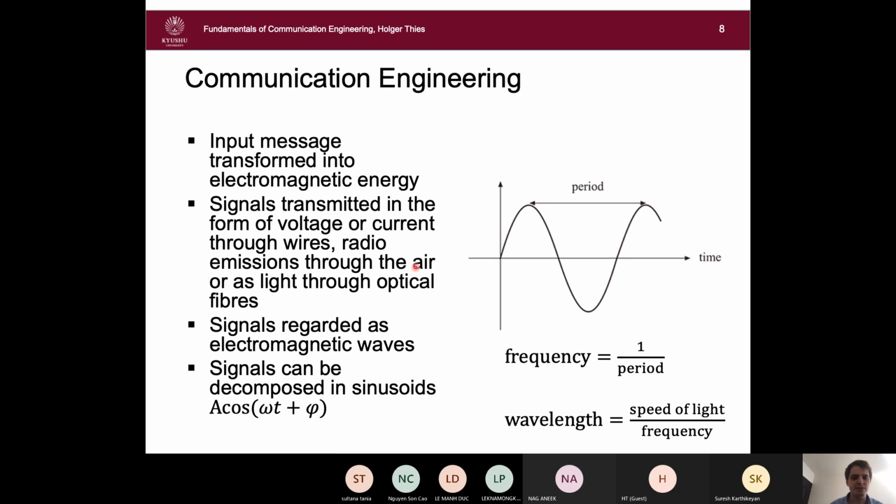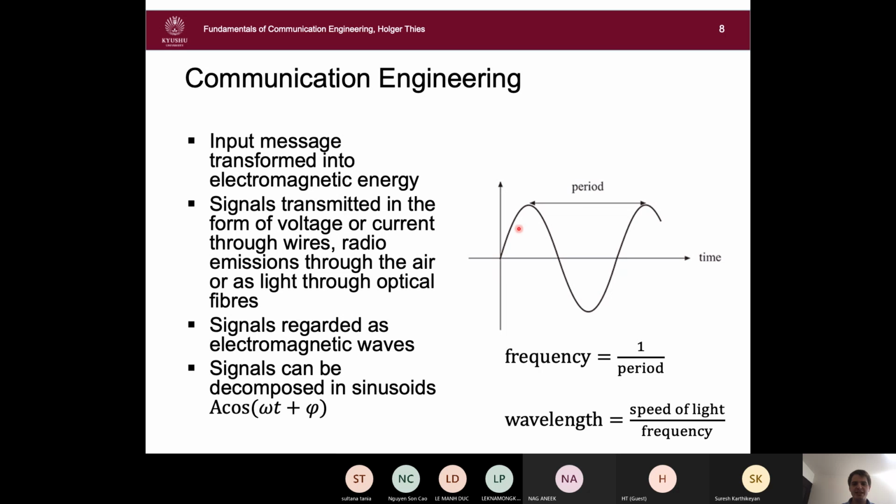So we always regard signals as electromagnetic waves, and we will see in the lecture about Fourier transform that all the signals, at least all the signals we are interested in the physical world, can be decomposed in so-called sinusoidal waves. So sinusoidal waves are waves of this form, A times cosine omega t plus phi. So they look somehow like this, and they can be classified, for example, by their frequency.